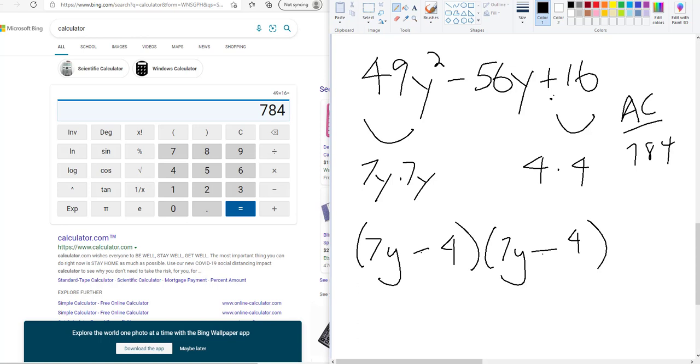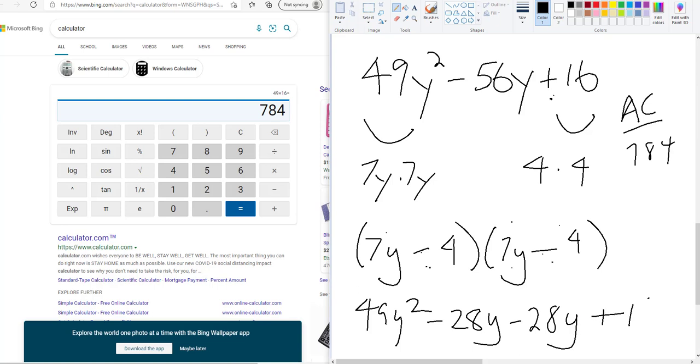Now I can't assume this is the answer until I check it. So 7y times 7y is 49y squared. We knew that one. 7y times minus 4 is minus 28y. Minus 4 times 7y is minus 28y. And negative 4 times negative 4 is plus 16.